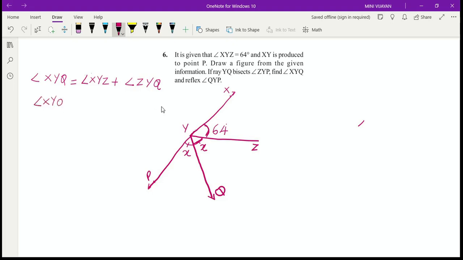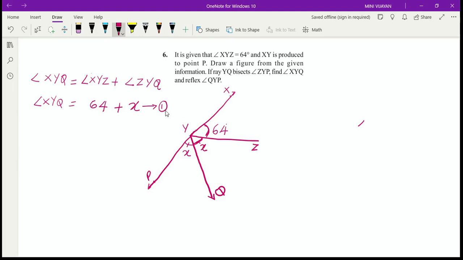Angle XYQ is equal to angle XYZ, which I can mark as 64, plus ZYQ, which for convenience I marked as angle x. Let it be equation number 1. If we find the value of x, we can substitute in equation number 1 to get XYQ.